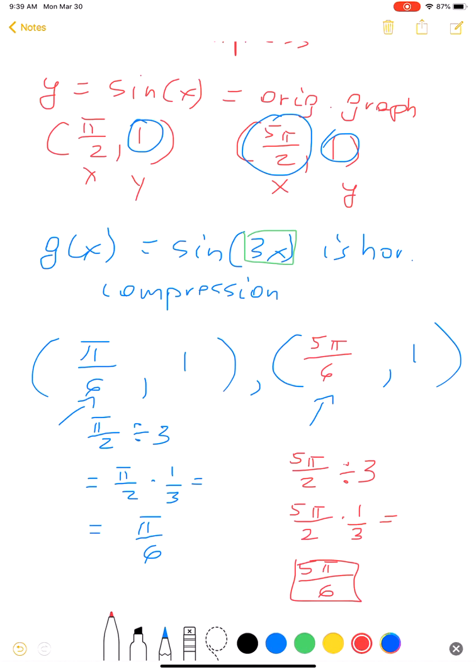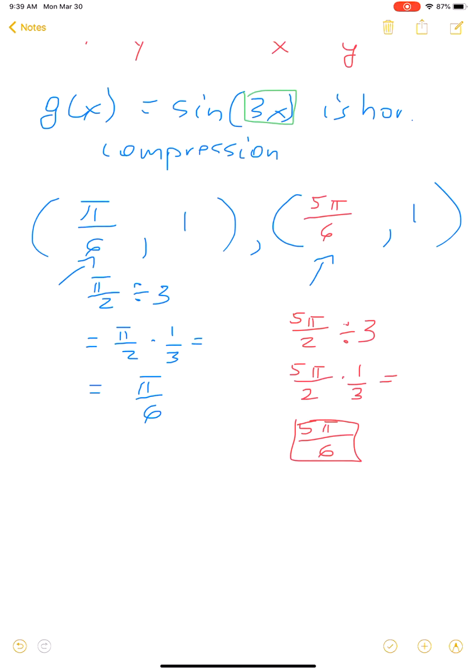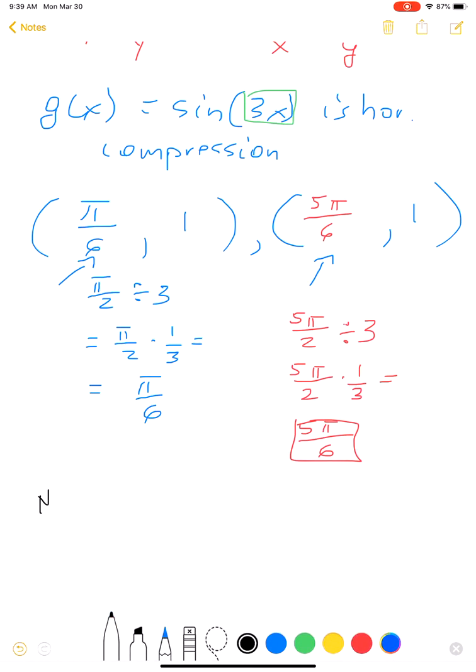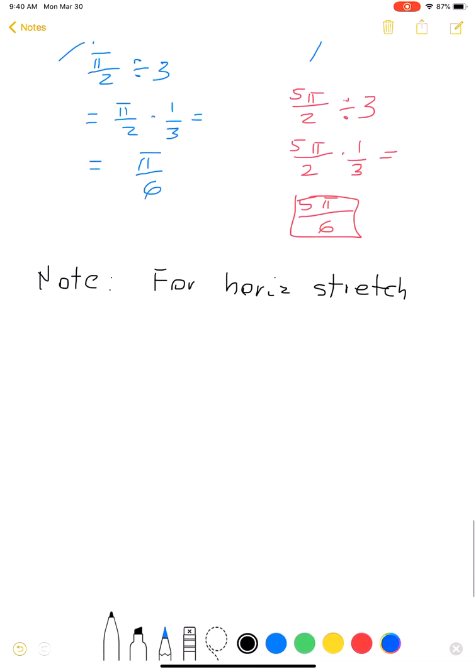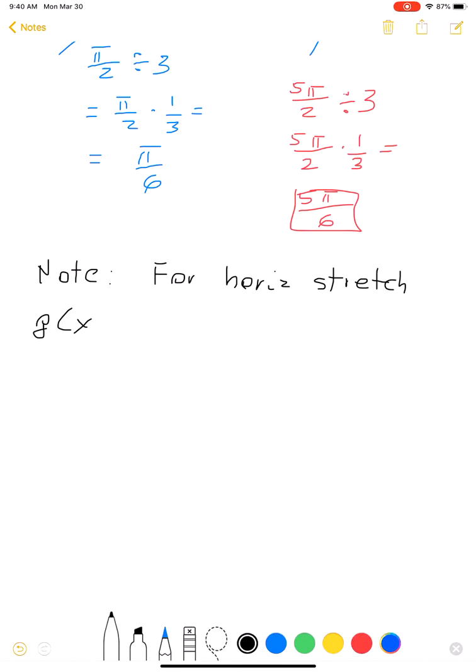Pi over 6. Okay, so for horizontal compress, to get the new x-coordinate, take the original and divide by the coefficient which you see in front of the new function. Okay, note for you guys, for horizontal stretch, g of x will look that way.